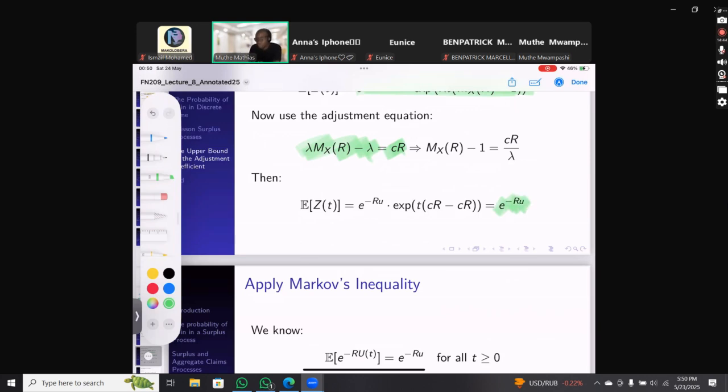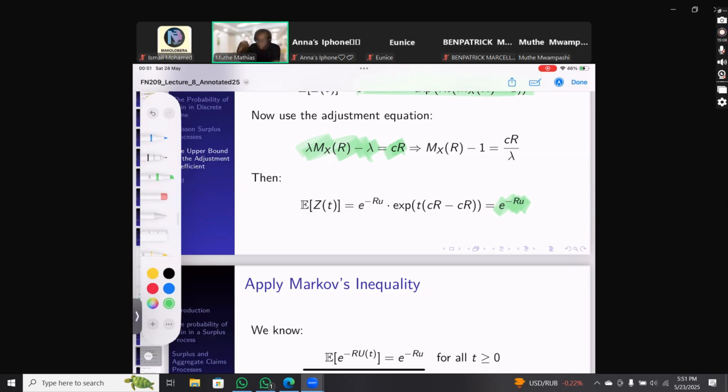And this one actually makes sense because it's almost the same thing as what we had before, because we said we have to remove that part, and then we said that part is actually the adjustment equation. So the value that is going to give us 0 is what we call the adjustment coefficient. If we substitute the adjustment coefficient, the entire part is going to be 0, right?